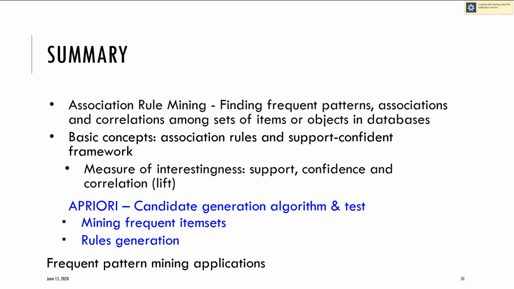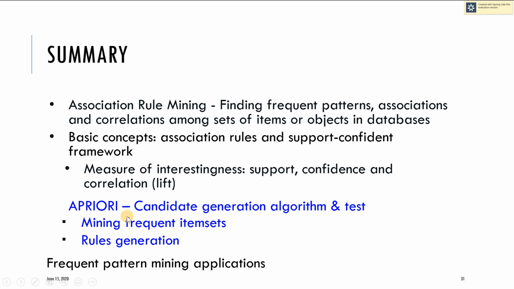Census data. Okay, as a summary, ARM or association rule mining is finding frequent patterns, associations and correlations among sets of items. The basic concept is the association rule and the support-confidence framework. To measure interestingness or frequency, you are going to use support, confidence, and also correlation.